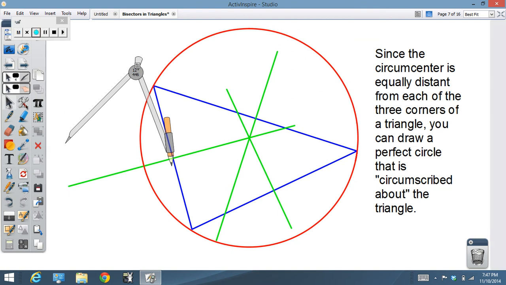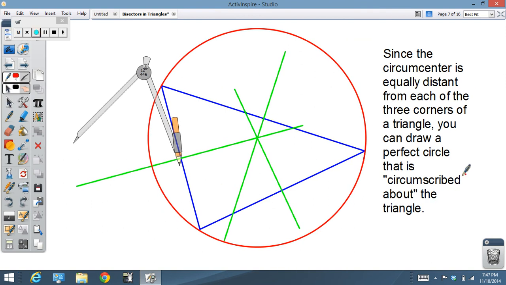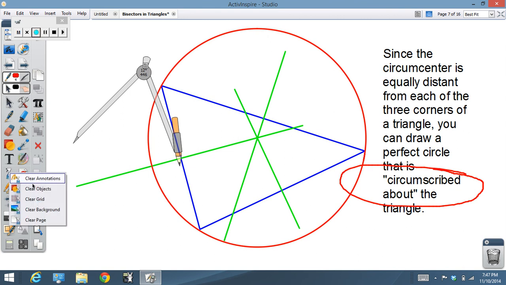If it barely touches each of the corners of a polygon, it doesn't have to be a triangle, it could also be a square, pentagon, hexagon, anything, but a circle that barely encompasses each of those corners is called circumscribed about the polygon. In this case, the red circle is circumscribed about the triangle.